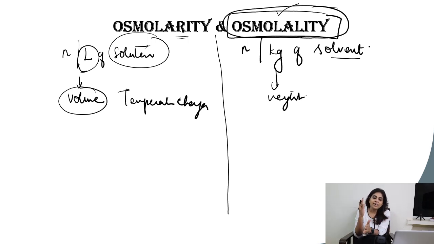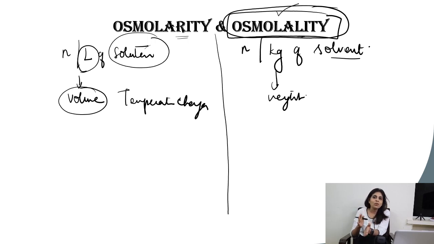Okay, and again, I said osmolarity is affected by the presence of background or permeable solutes. And if it's serum or plasma, the background or permeable solutes are going to be the same, right? So if it is serum or plasma, you can use the terms interchangeably. That's why even in Ganong, in one chapter, you will find a statement, the normal serum osmolarity is 285 to 295 milliosmoles per liter.